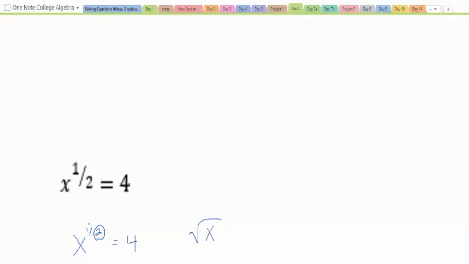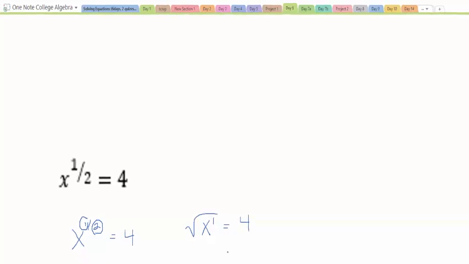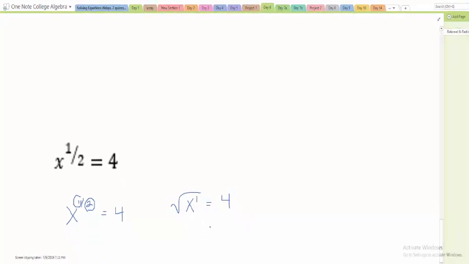This top number tells me what power x has, or that root has. In this case, 1, which doesn't make a difference. So I'm really just saying the square root of x equals 4. And so I square both sides and find that x equals 16.